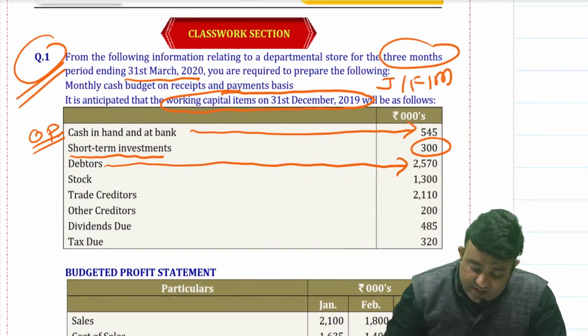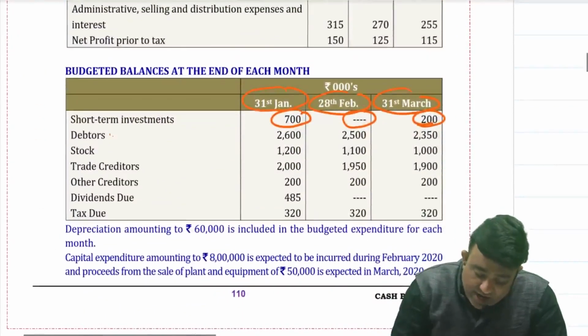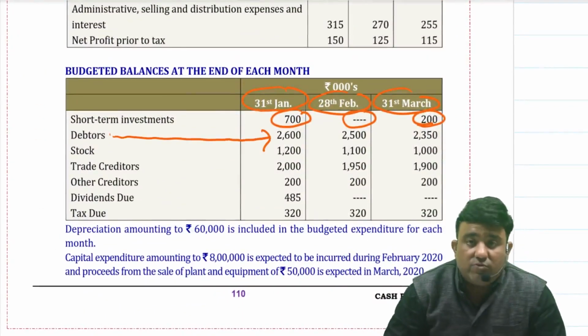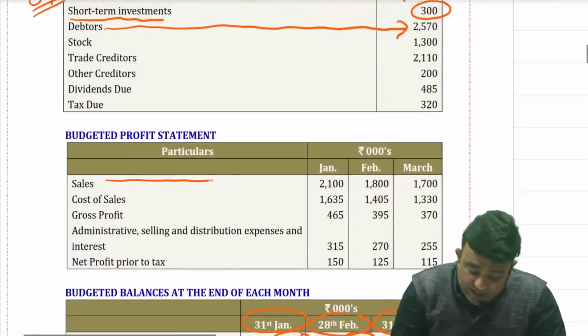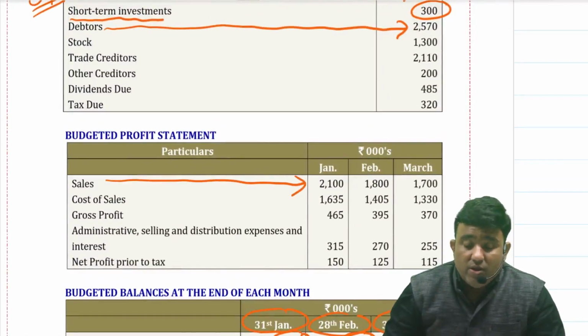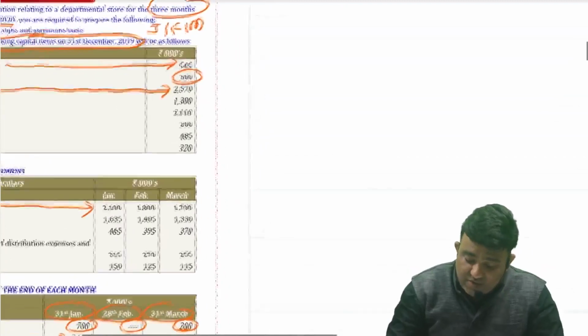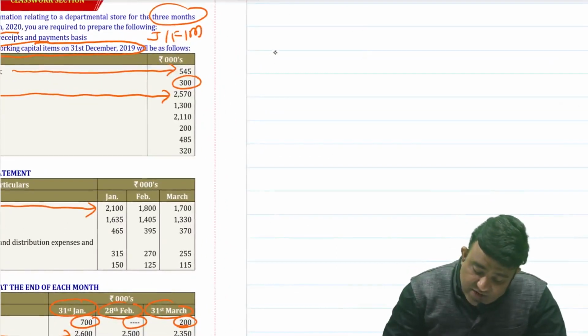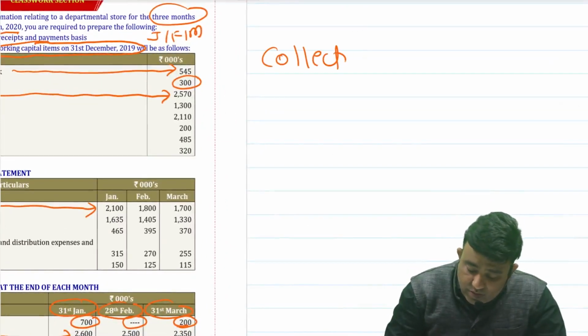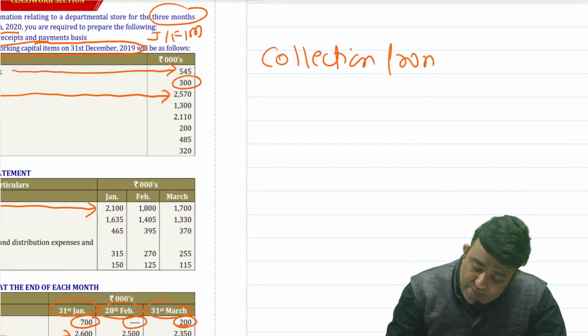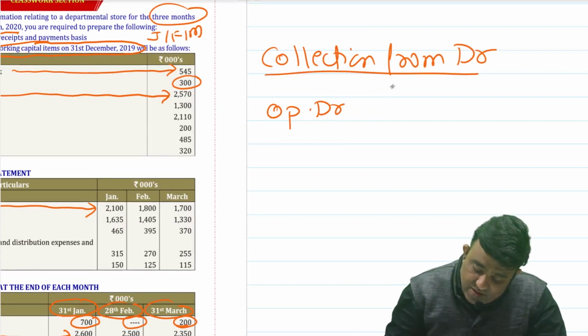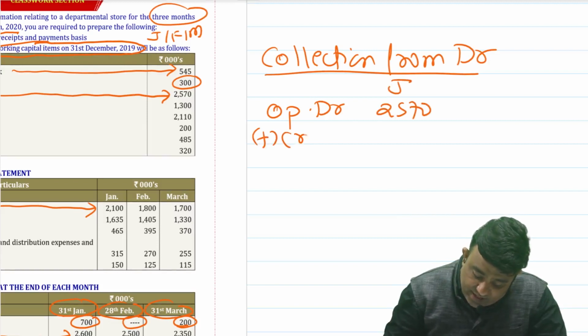Same way, students, you can take the target debtors account. But as far as debtors is concerned, you cannot directly interpret the ledger account. You have to take help of sales. So you need to apply the concept of collection from debtors. By preparing a small statement of debtors, that is opening debtors for the month of January 2570, plus credit sales, which is 2100.